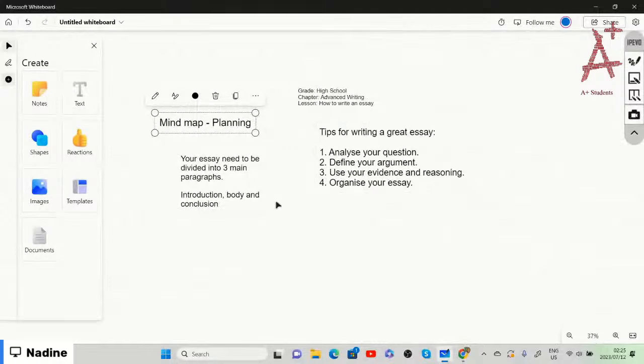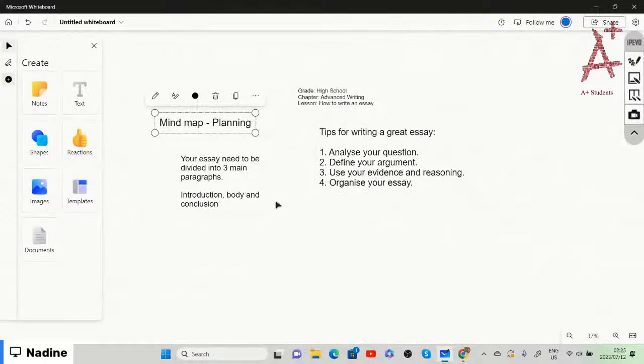In your body, you may have more paragraphs, because now you're going to expand on your main points or the thesis statement that you mentioned within your introduction.